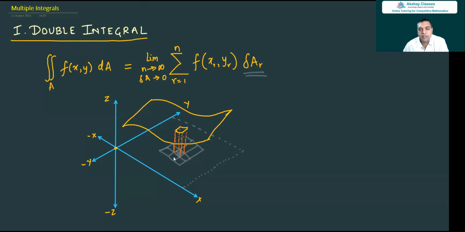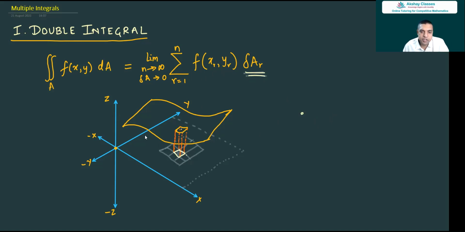Are you seeing this? So this is the XY plane. This area is this delta AR. Now within this will be a very small infinitesimal area. Although we are showing it big, actually it will be just surrounding a point. Now corresponding to that area, there will be a coordinate xr, yr.